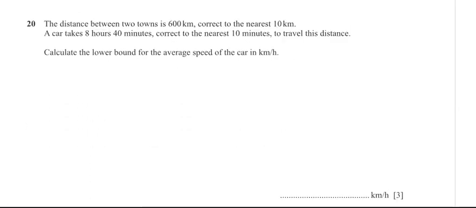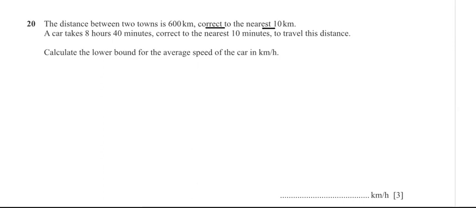Next, question number 20, the last question of this paper. This question says the distance between the two towns is 600 kilometers, correct to the nearest 10 kilometers. If it is given correct to the nearest unit, immediately recall the concept of upper bound and lower bound.